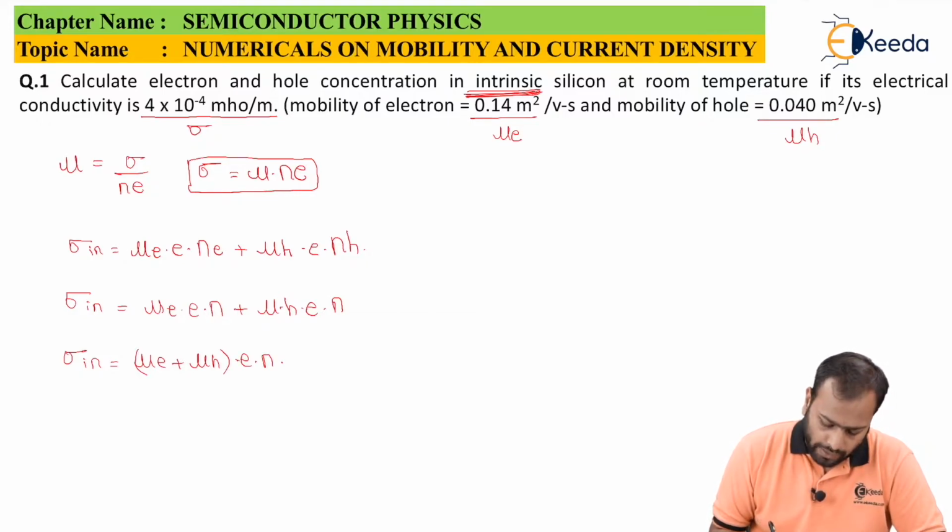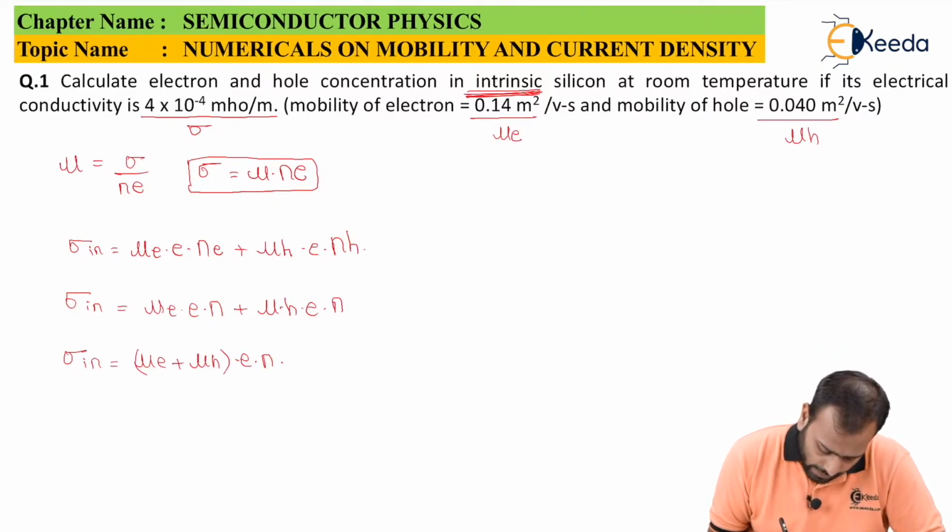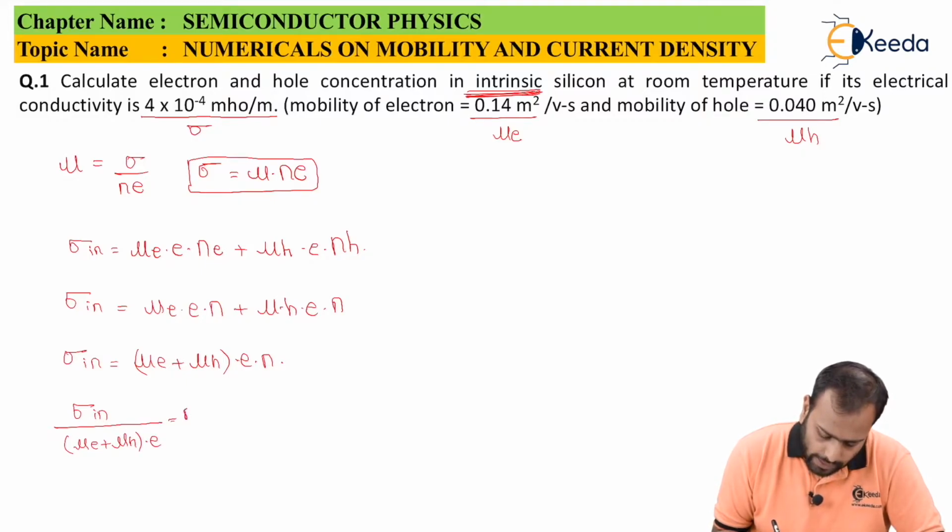Now, I am asked to find the value of n, so I'll be moving all the things to the left side. So sigma i divided by mu e plus mu h into e is nothing but n.